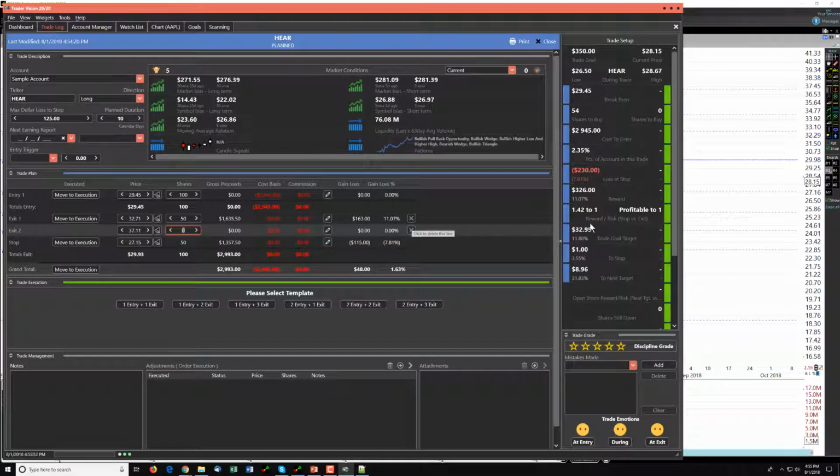If we had to sell the entire position there at that first target, we'd pick up 326 bucks. If we held on to half of it and got to that second target, we'd pick up 546, making it an overall trade of about 18.5%, giving us 2.37 to 1, and I like that. So that's one that you can certainly look at.